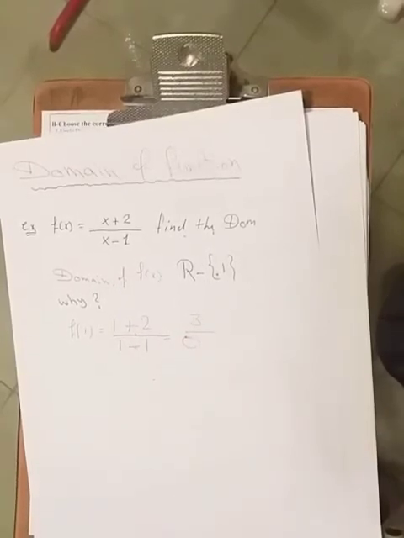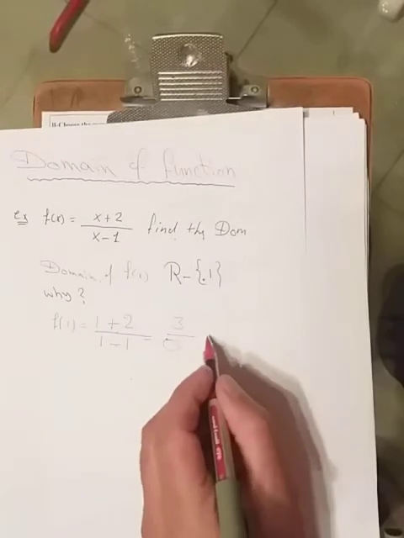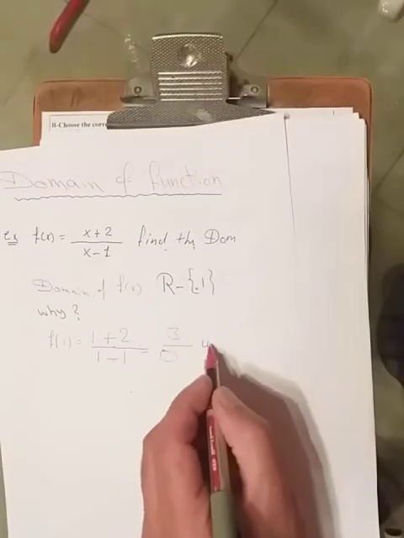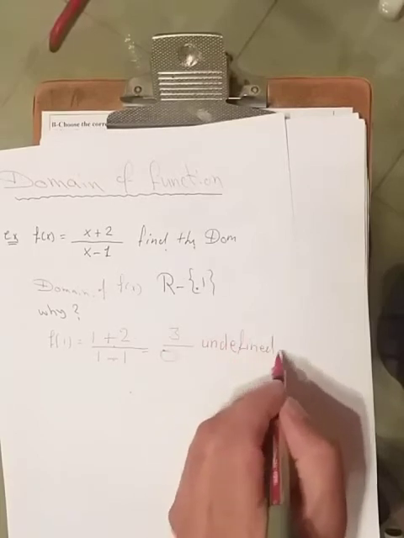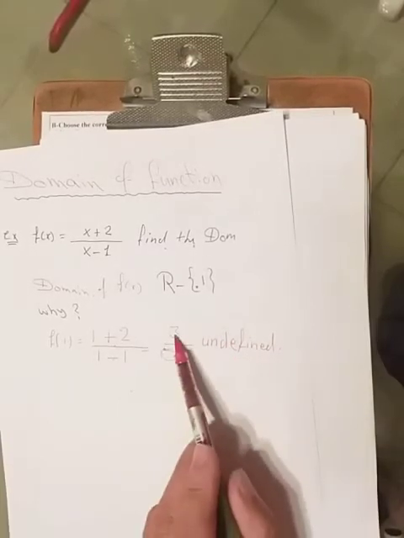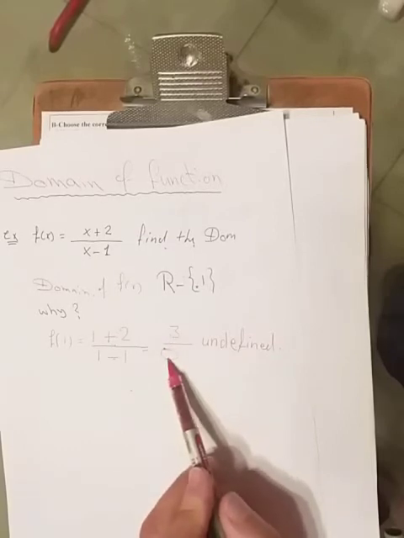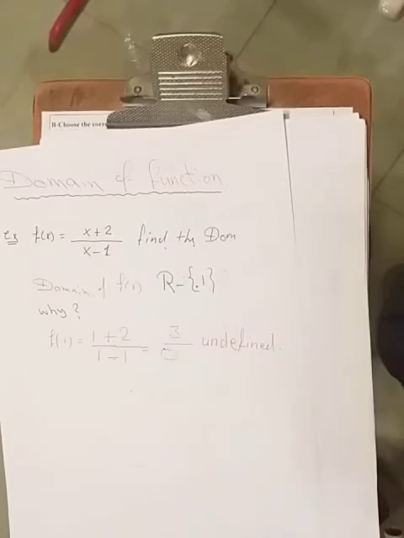A number over 0 in math is undefined. It is impossible to divide by 0 in math.